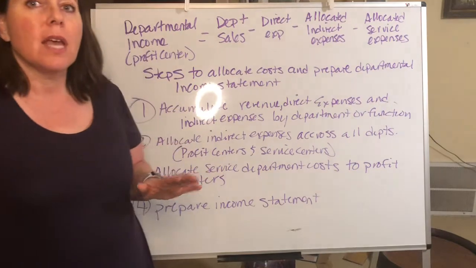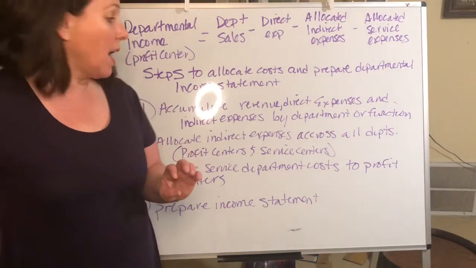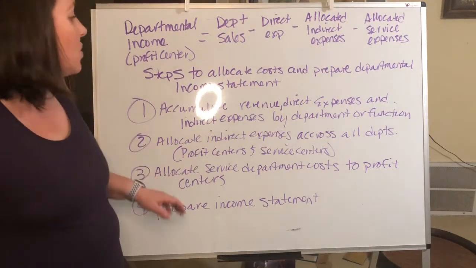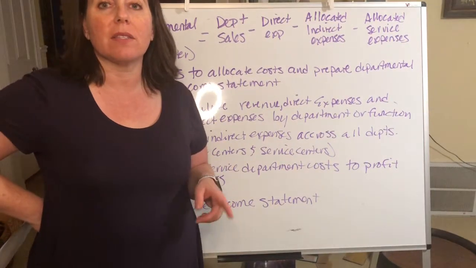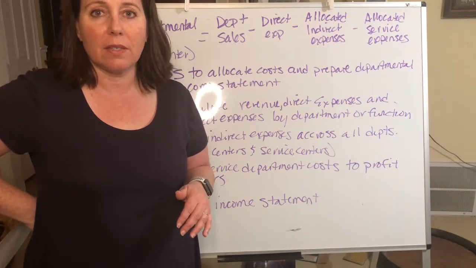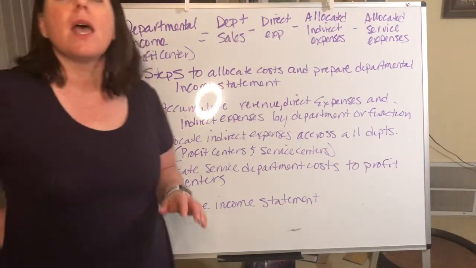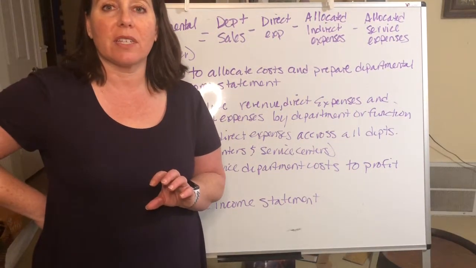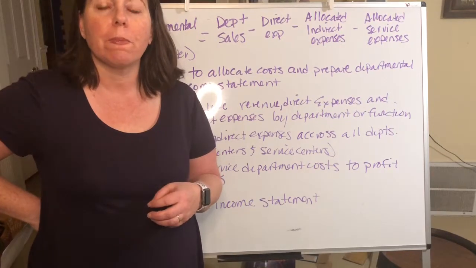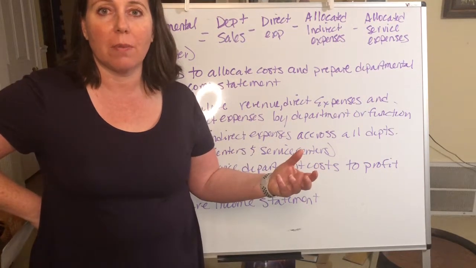Okay, now once we have all of that done, the next step is to allocate our indirect expenses across all of our departments. It's really important that we do indirect before service departments, because when we allocate our indirect expenses, part of those will be allocated to our service departments, okay?